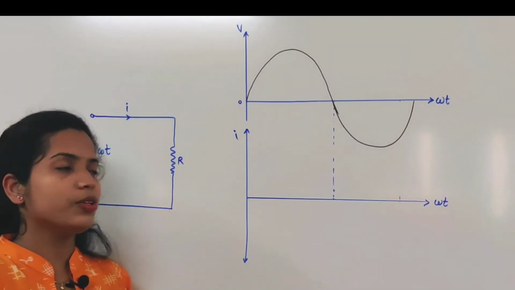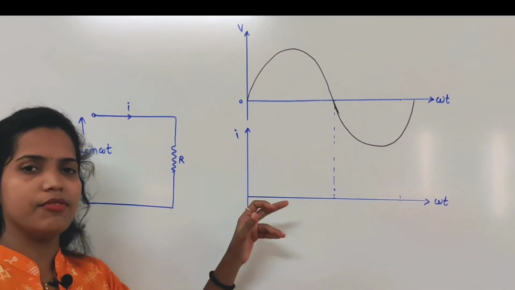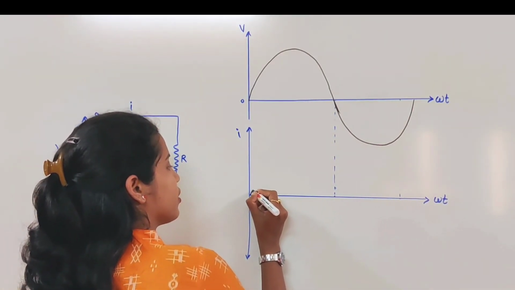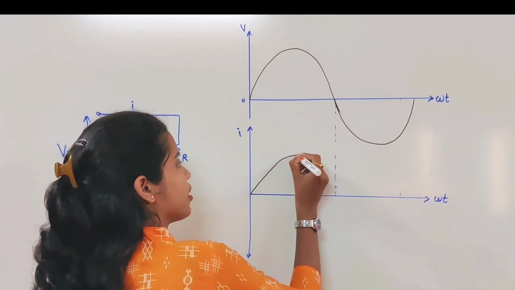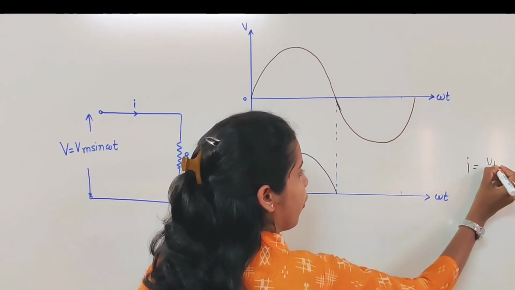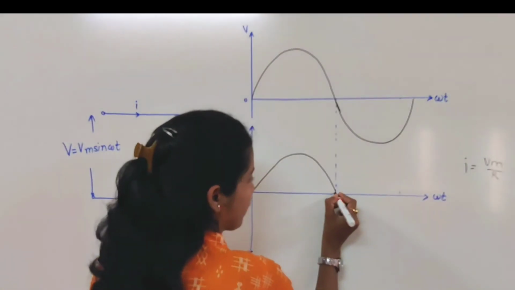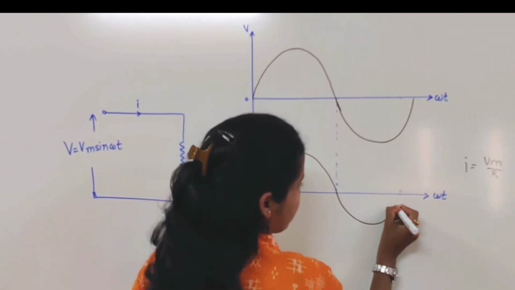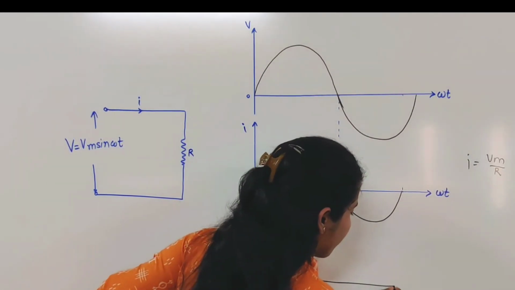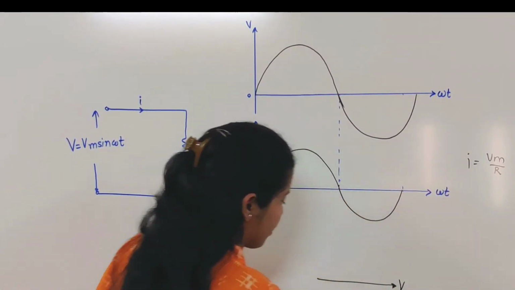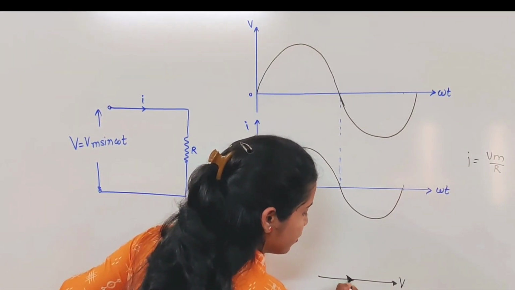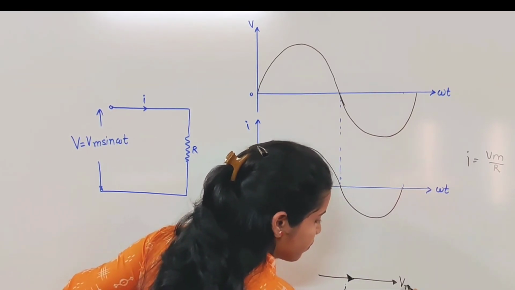Similarly, we know that voltage and current are in phase, meaning there is no phase difference. So current starts at the 0 instant, but the magnitude of Im is less than Vm because I is equal to Vm upon R. If we draw the phasor, this is the voltage phasor V, and the current is in phase, so in the same direction, and this is Vrms.